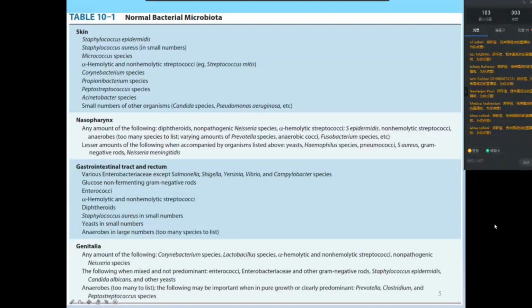A second function is that some members of the resident flora on the mucous membranes and skin may prevent the colonization by pathogens and possible disease through bacterial interference.